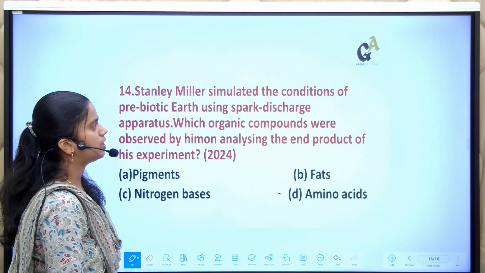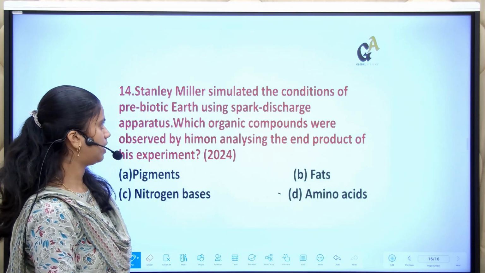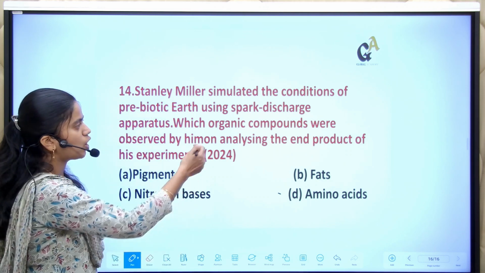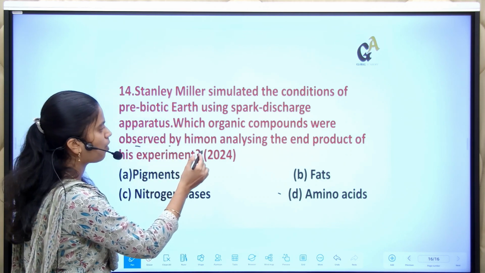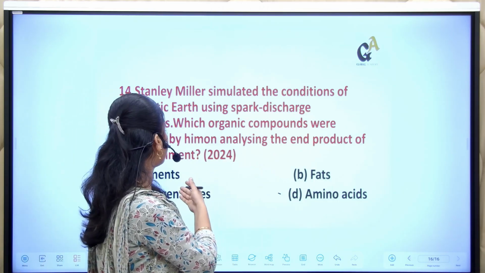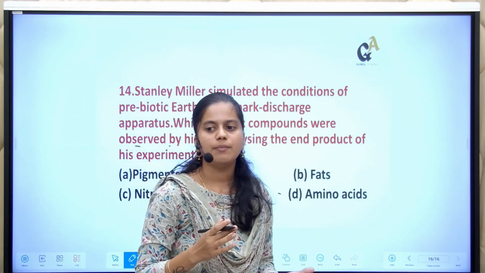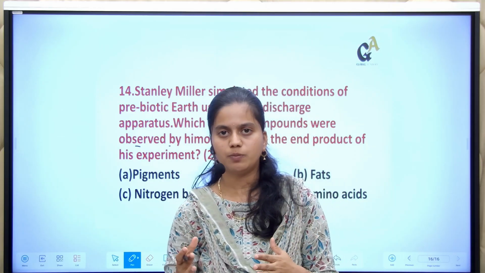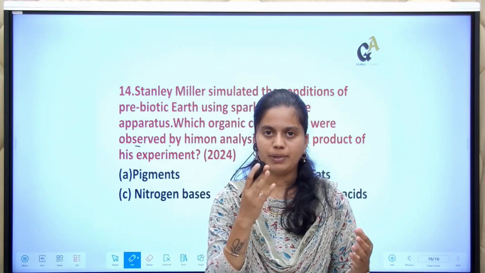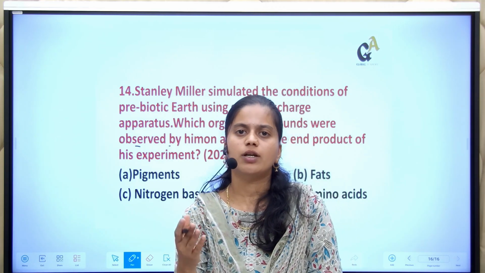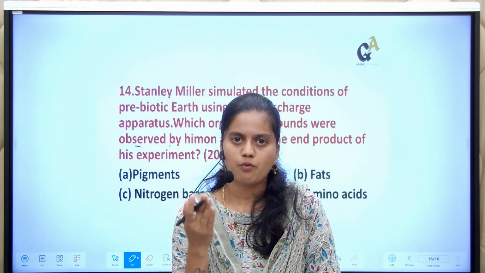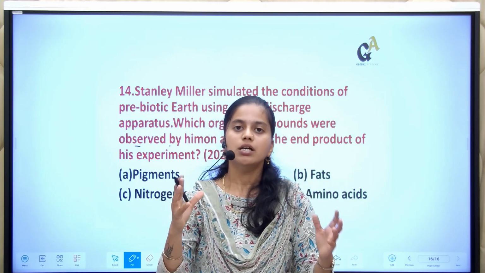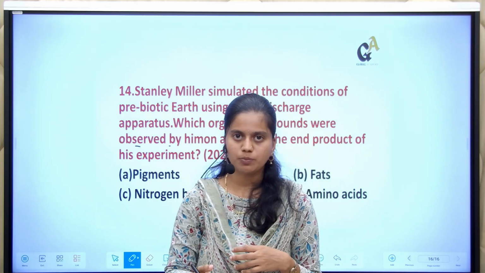Stanley Miller simulated the conditions of the prebiotic earth using a spark discharge apparatus. Which organic compound was observed by him on analyzing the end product of the experiment? Stanley Miller conducted an experiment where he created an artificial atmosphere using methane, ammonia, water vapor, and hydrogen.